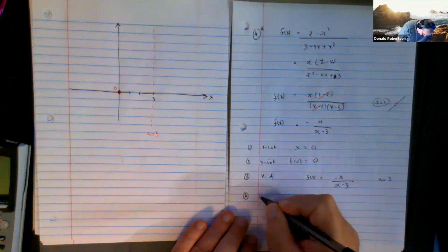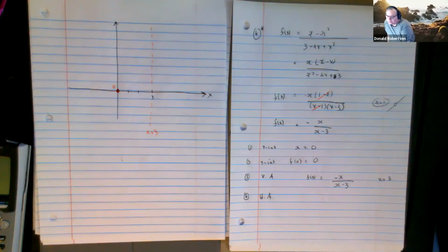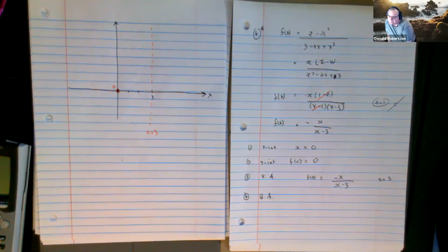Does this function have a horizontal asymptote? Some do, some don't. But does this one have one? It does. What is the equation of the horizontal asymptote of this function?